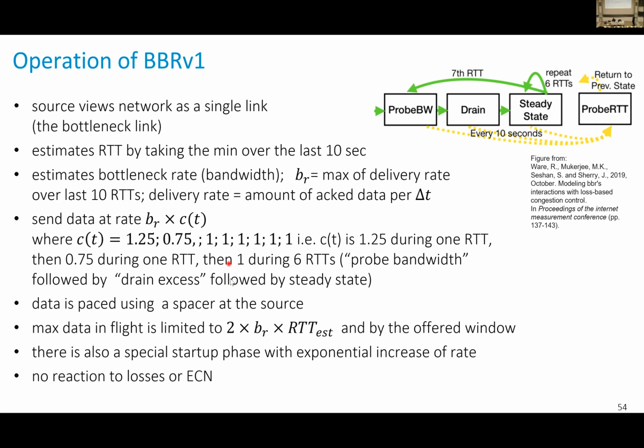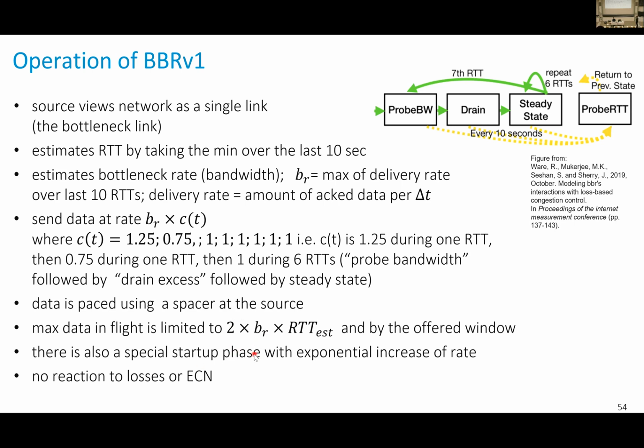And that's it. In addition, we still have a window, which is called max data in flight, which is given by this estimate of the RTT times 2. Right? 2 is a magic number that is given here. There are a few more details.